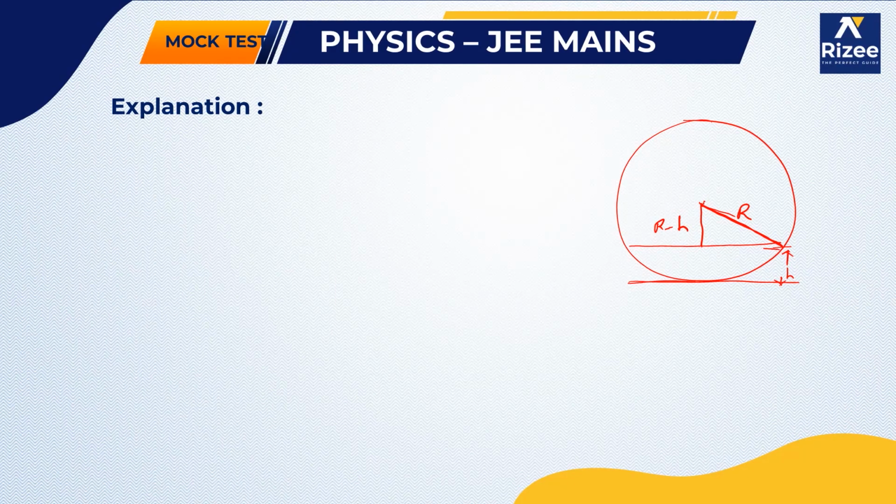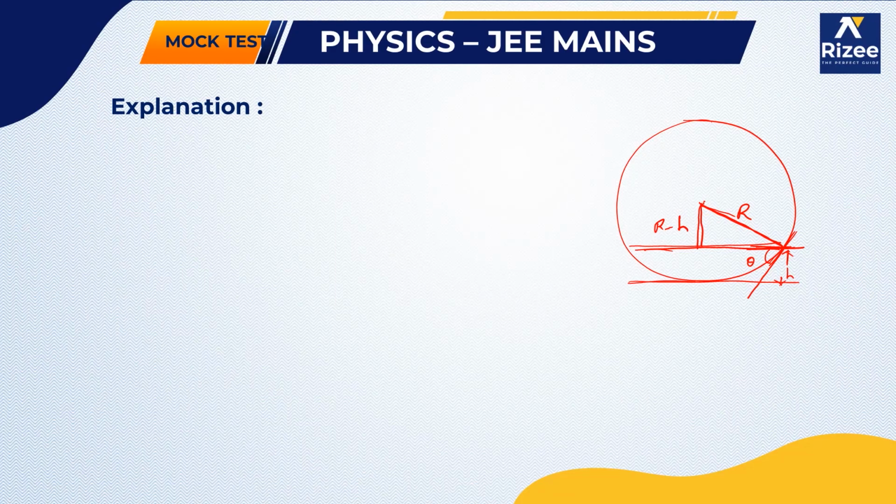So what is your angle of contact over here? This is the line drawn to this surface. If I draw a tangent, this tangent will always be perpendicular to the radius. So the angle made inside the liquid with the tangent, this is your theta.